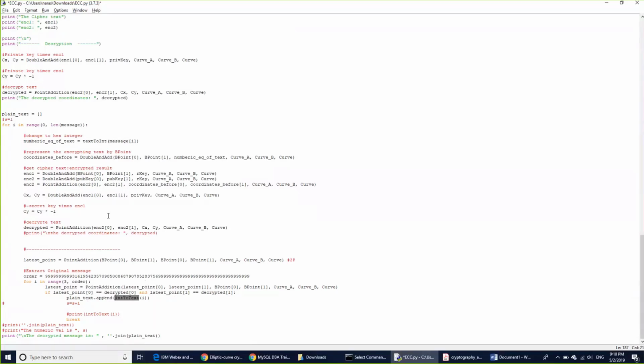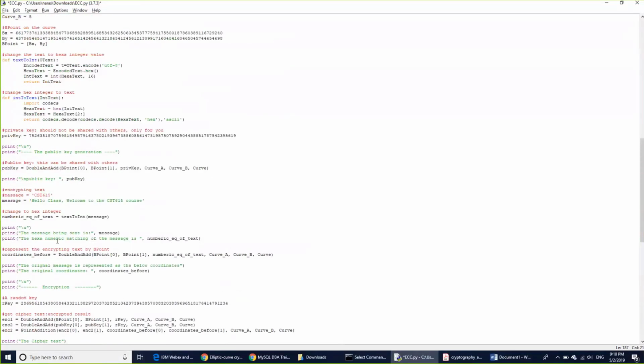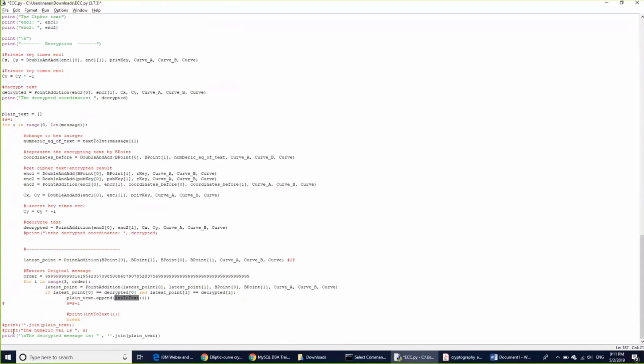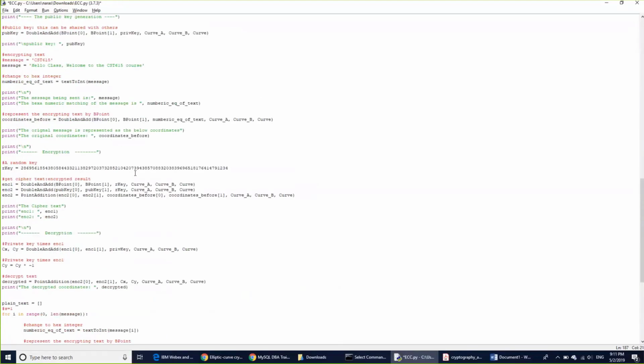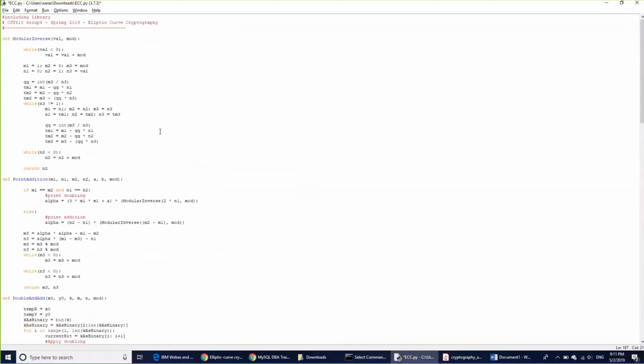This function is explained here: converting the hexadecimal integer to the text, which basically decodes the original message. Okay, and here it is printing the decrypted message. And this is the whole program for this implementation, the Python code.